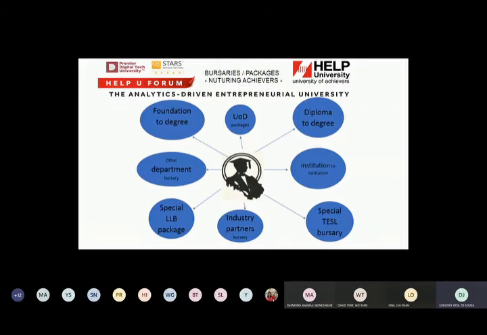Now, going back to the purpose of me speaking to you this afternoon, we have scholarships. As you can see from our scholarships here, we have degree programs, diploma programs into our degree programs, and foundation programs into our degree programs.